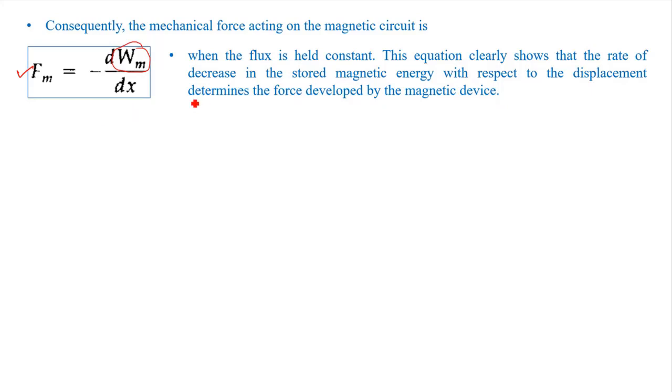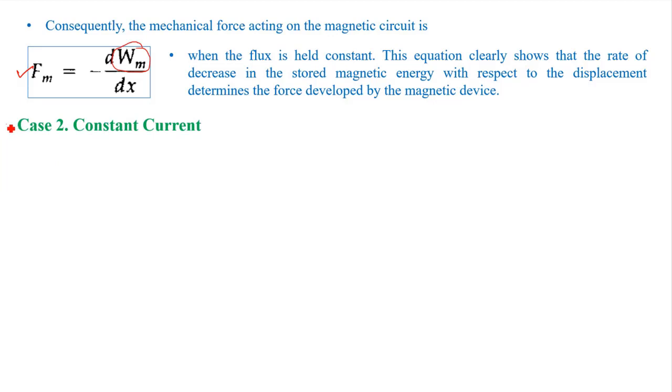The negative sign indicates that there is a decrease in the stored magnetic energy when there is a displacement, that is, when the magnetic element is moving by dx.